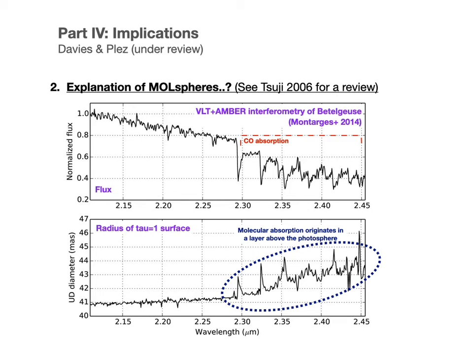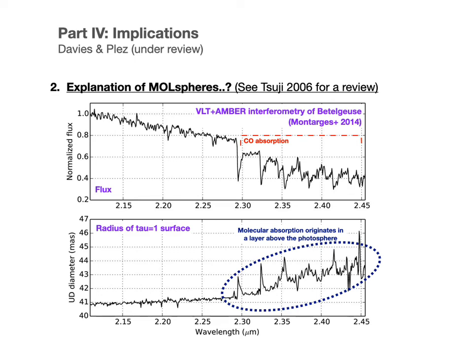And these can be seen in, for example, interferometric data of Betelgeuse, where the CO bandhead, which forms at 2.3 microns, which you can see in the normal flux spectrum in the top panel, is seen to form at larger radii than the continuum, and that's shown in the bottom panel there.